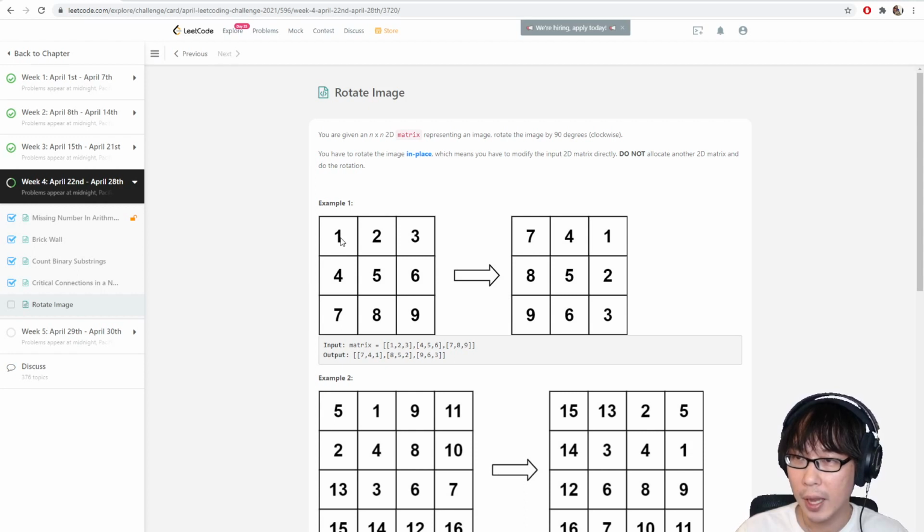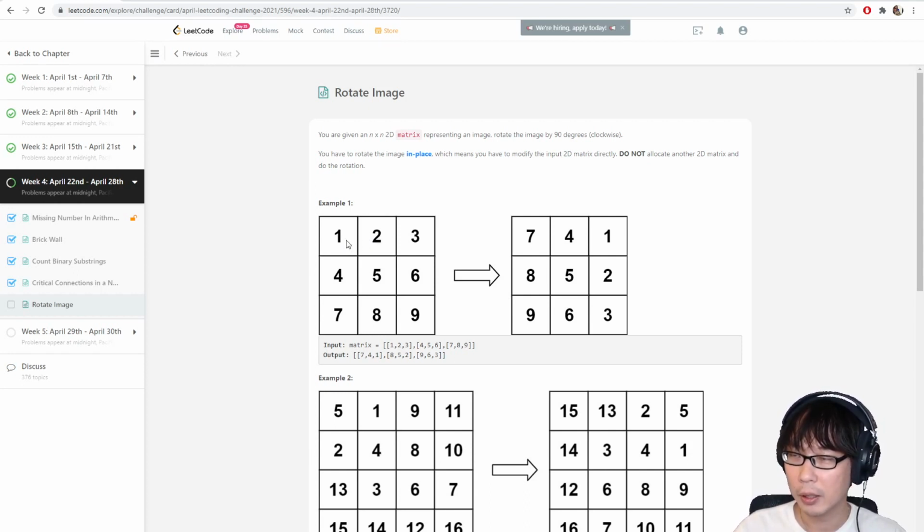we see that it's 1, 2, 3 in this direction from left to right, and the result is that, hmm? Oh, so it's a counterclockwise rotation.